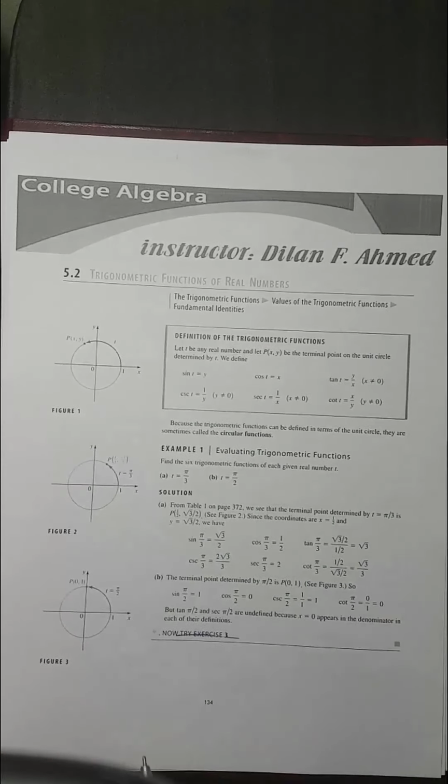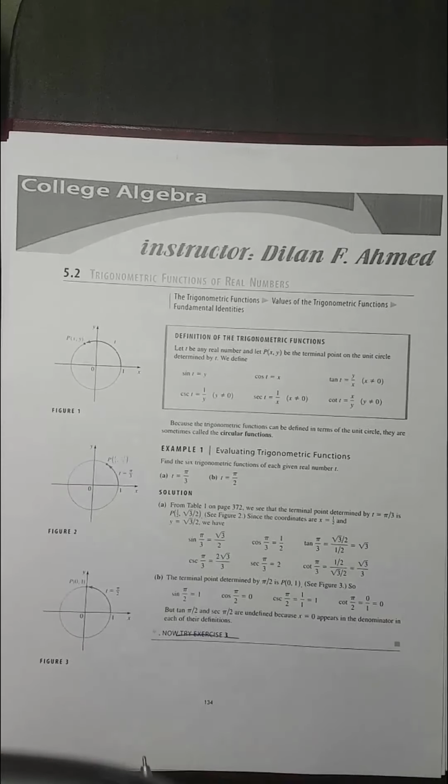In the third one cosine is negative, sine is negative, and in the fourth cosine is positive. So you need this background information, because these are fundamental for you, and you have heard these words.